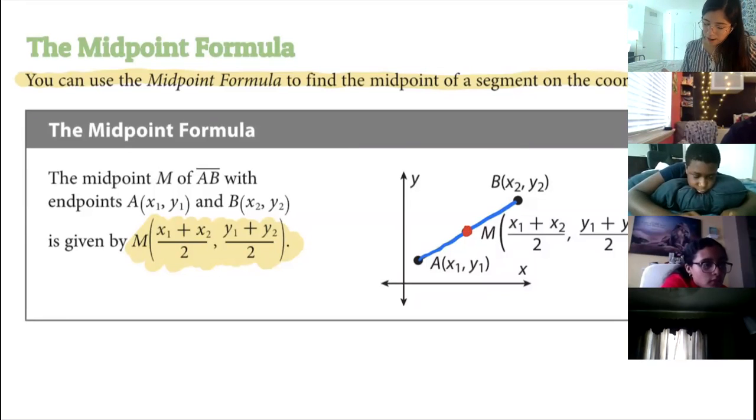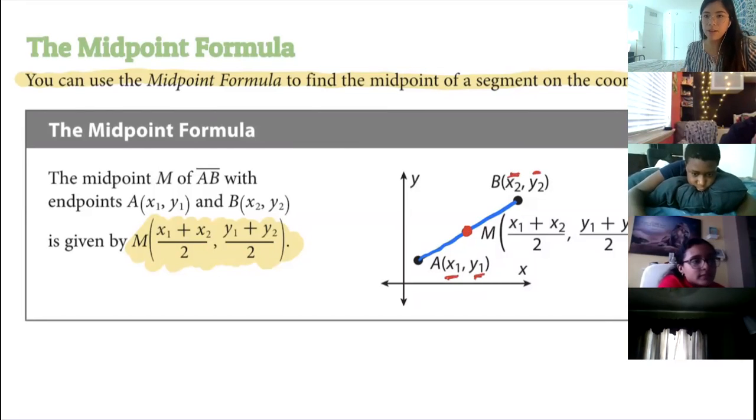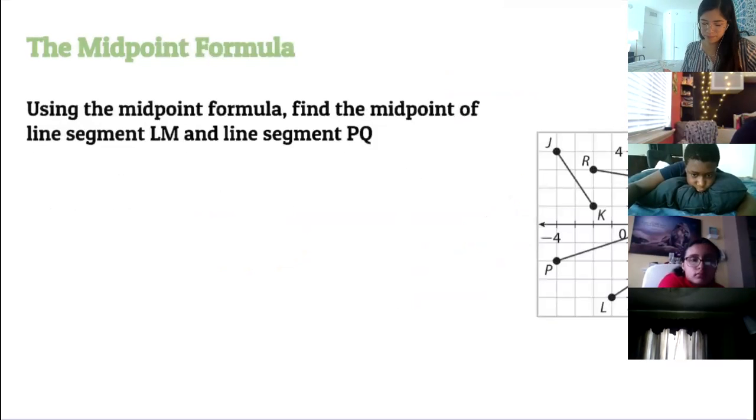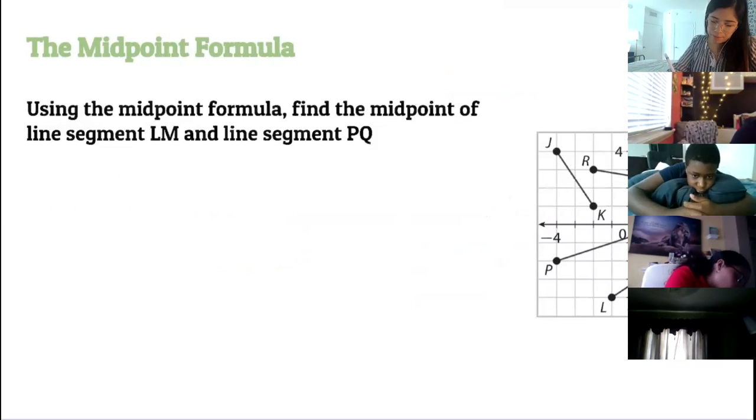That's why we have to use math. So if I'm trying to figure out where is the middle of this line, the way you're going to do it is with the midpoint formula. You're going to plug in x1, x2, y1, y2, and that's going to give you your answer. So let's go ahead and do an example with actual numbers, and I promise it'll make more sense once we do that. I'm going to rewrite the midpoint formula up here.